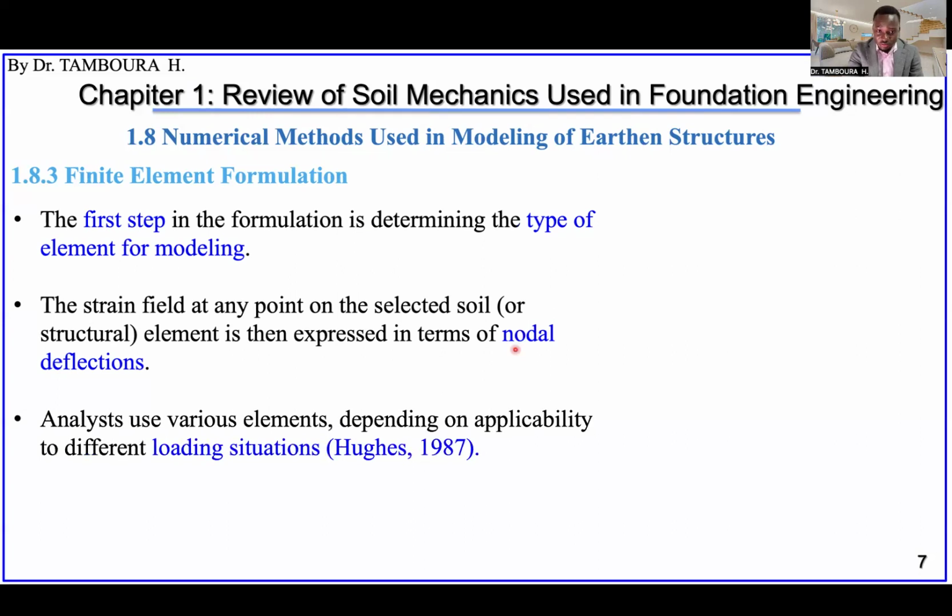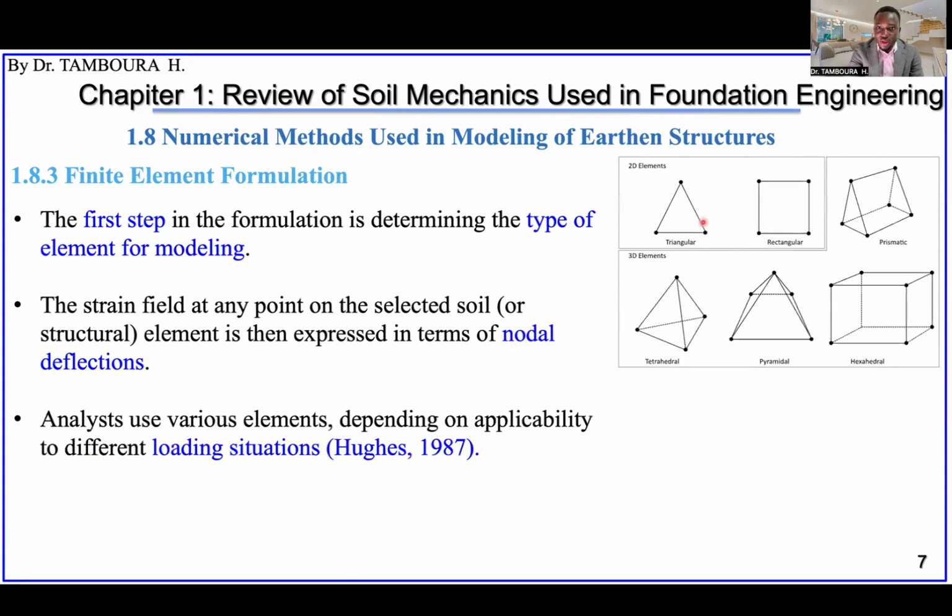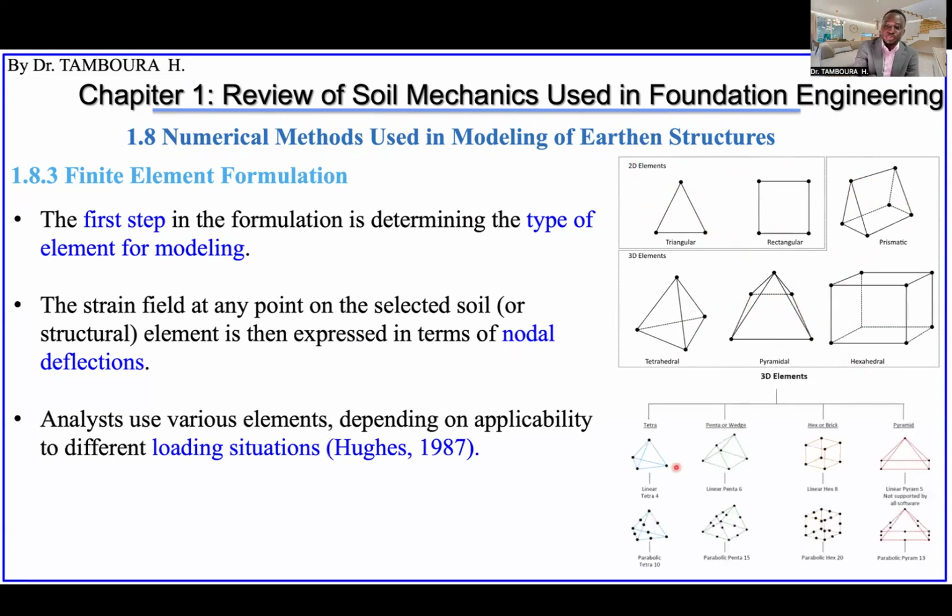There are many types of elements that are used depending on the loading situation. If you take a 3D element, for example, you can have this type or this type. This is a 3D and this is a 2D element.